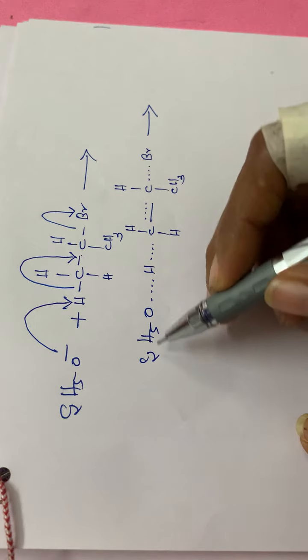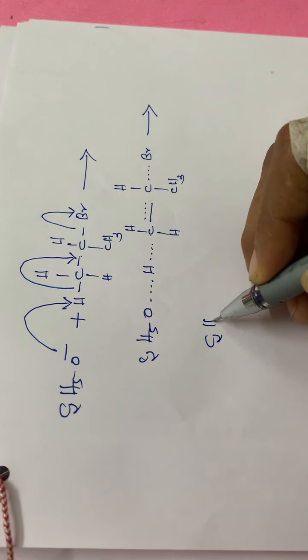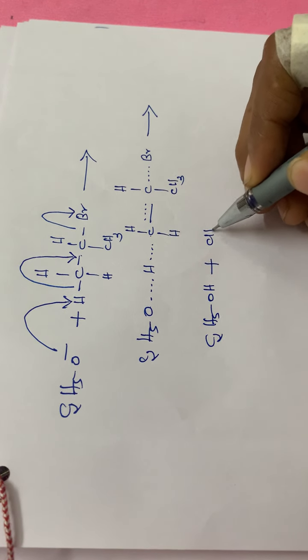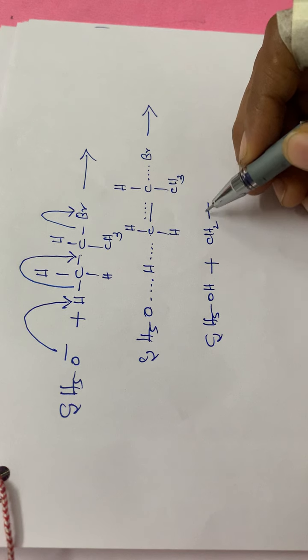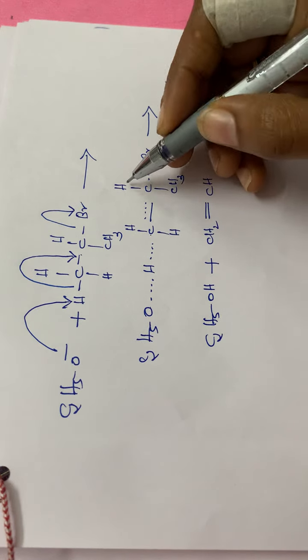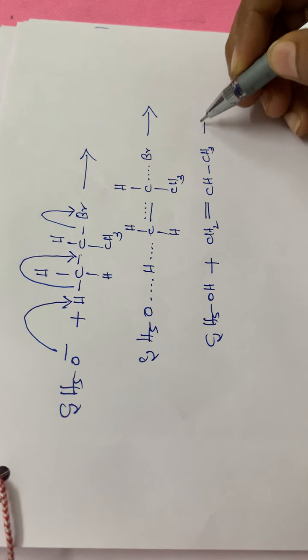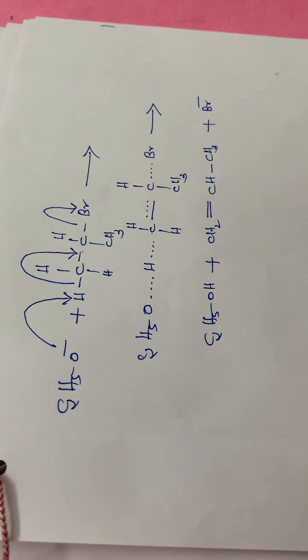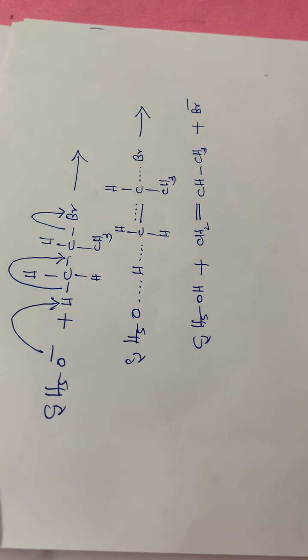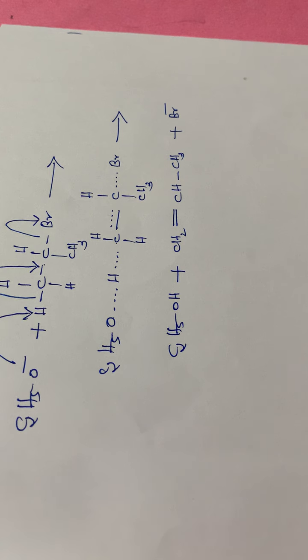The C2H5O abstracts this proton, so it becomes C2H5OH plus CH2 double bond CH, then single bond CH3 plus Br minus. Here the bond making process is completed. Okay, so no carbocation is formed. Therefore, this dehydrohalogenation involves the E2 mechanism. So this is how we are determining it in terms of isotopic effect.